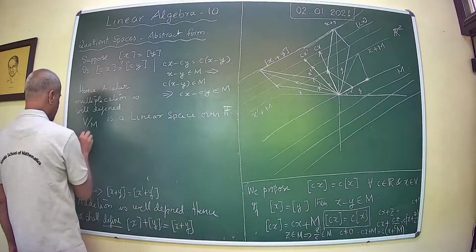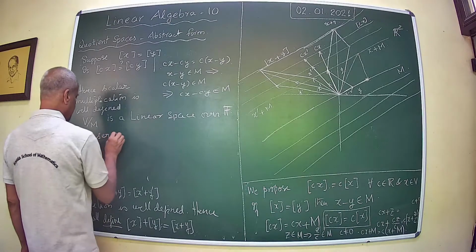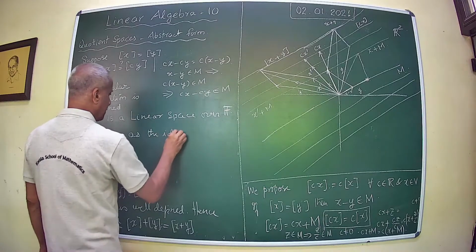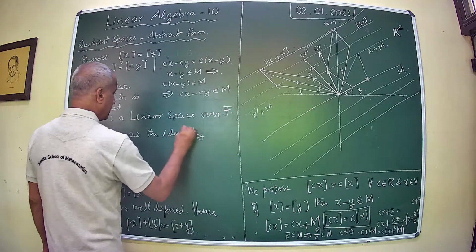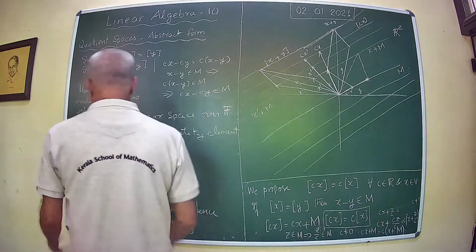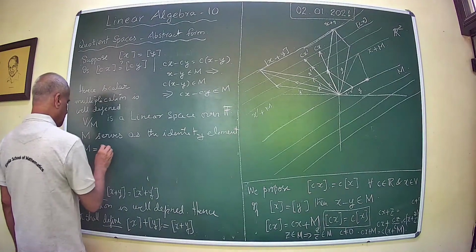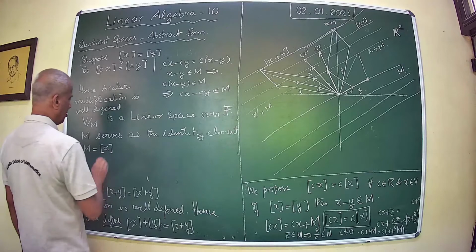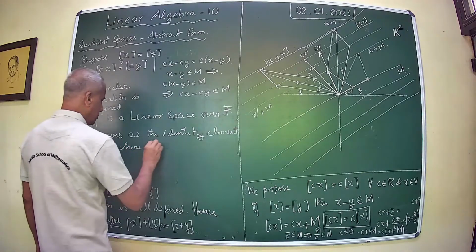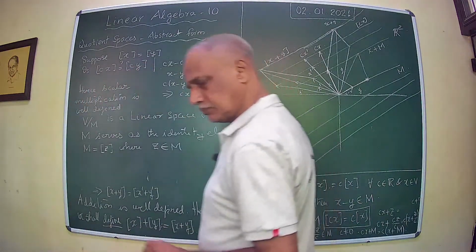Then M serves as the identity element, which means that M is equal to some x or z where this collection.